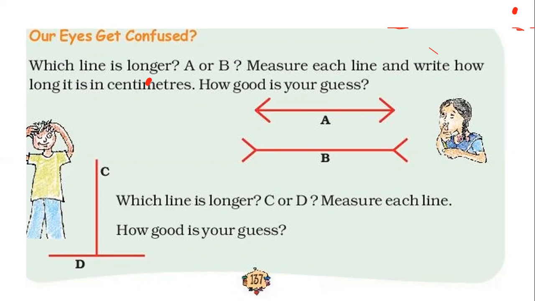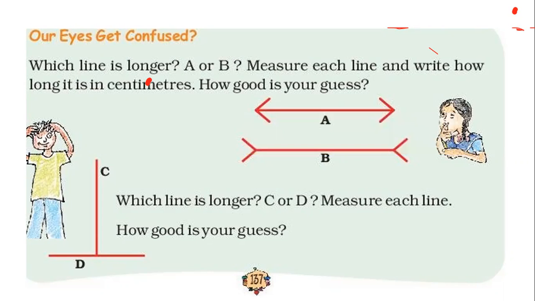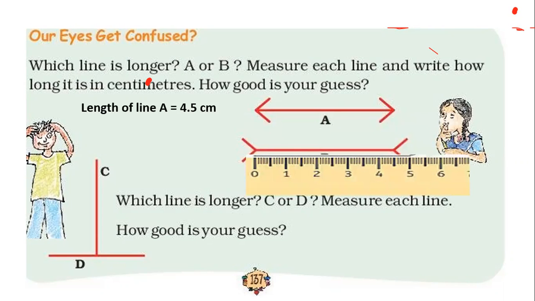4.9, I think so, sir. A is around 4.5. Just a guess. 4.9 is almost the same. In a guess, there may be a difference of 1 centimeter here and there, plus or minus. What about the length of B? It is 4.8. 5 centimeter.